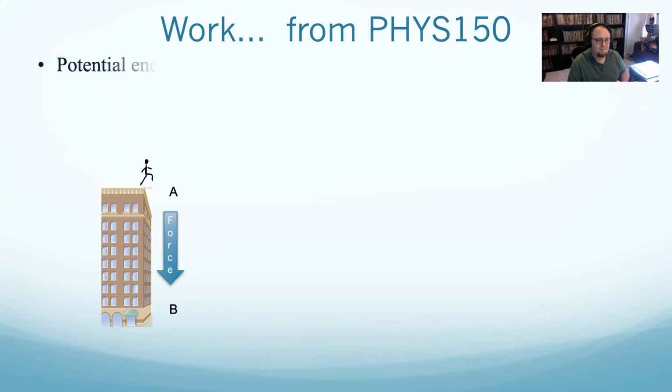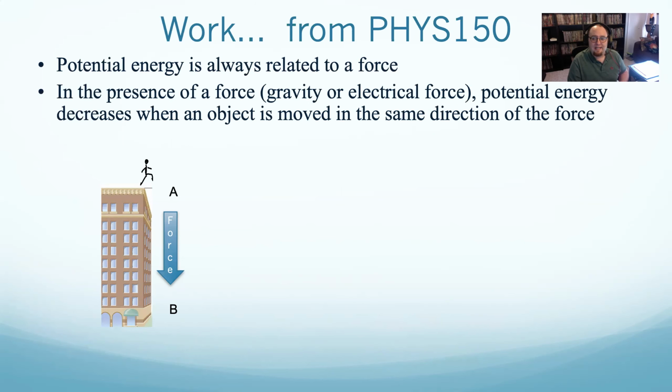See, potential energy is always related to a force, no matter what type. Potential due to gravity was related to the force of gravity. Potential due to a spring was related to the force on a spring. Well, potential due to electrical will just be based off the electrical force, or the Coulomb's force.